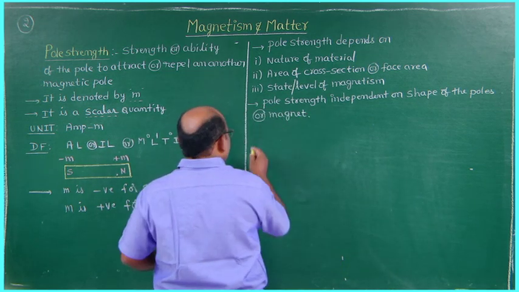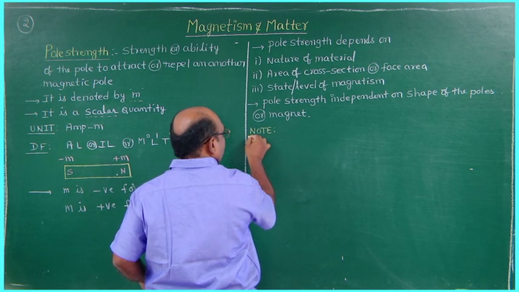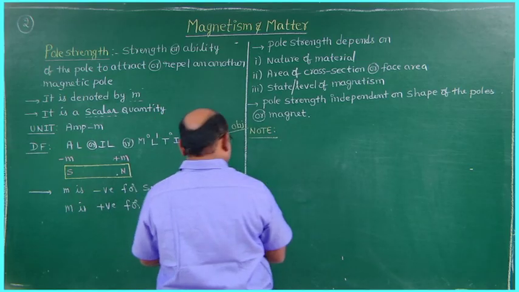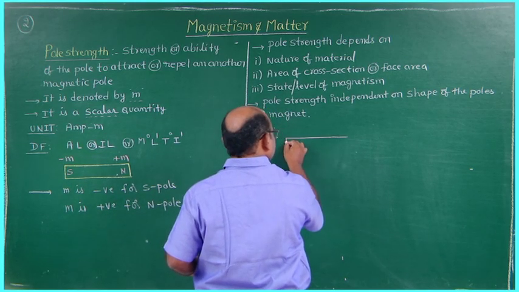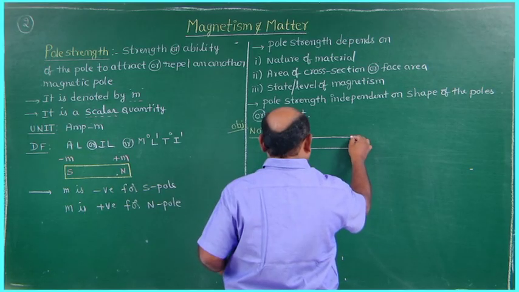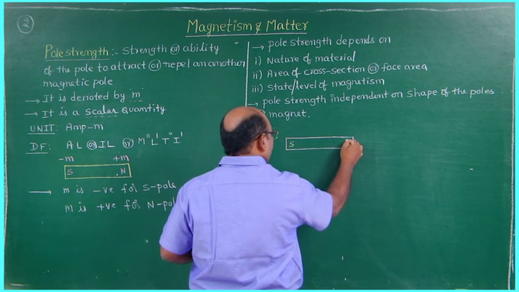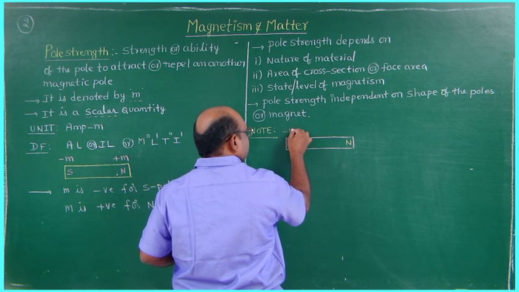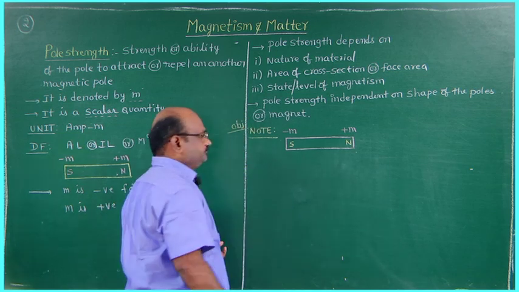Here I would like to give one note point which is very important for objective questions. Assume it is a bar magnet. This is the south pole and this is the north pole. Pole strength is negative for the south pole and positive for the north pole.